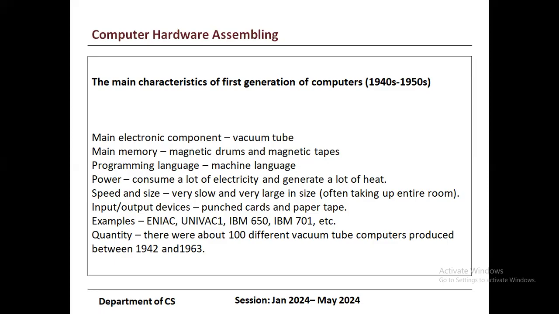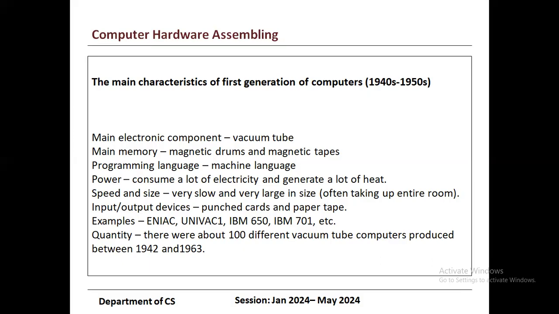The first generation of computers consumed a high amount of energy or electricity. Furthermore, they were not portable due to their weight and size. So these are some disadvantages of the first generation of computers.